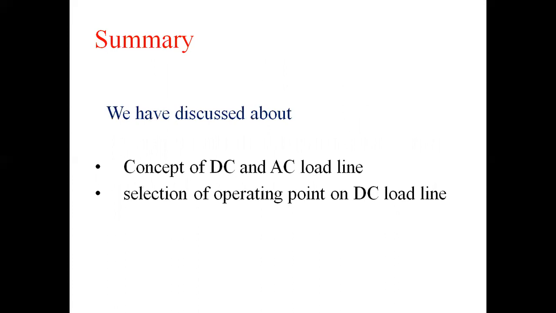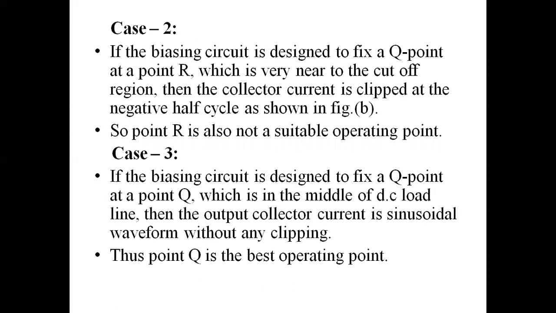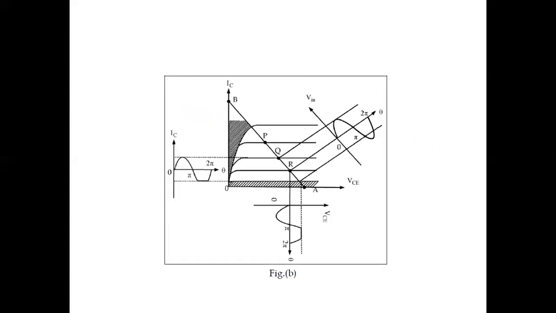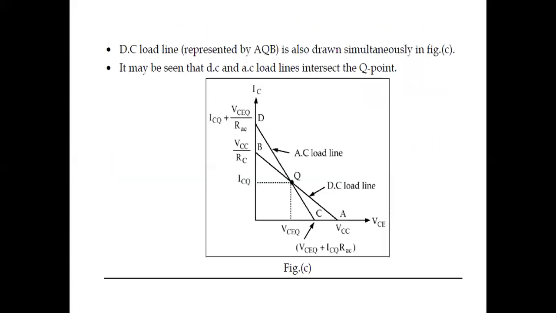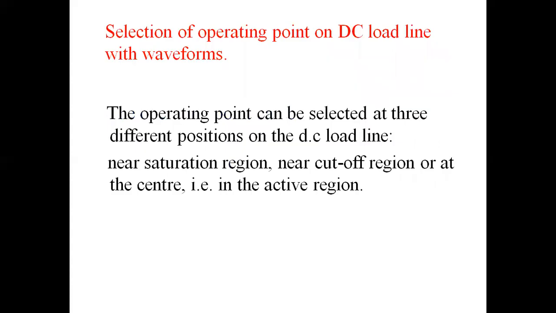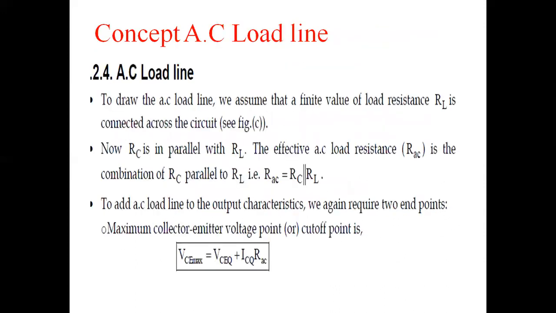So we have discussed the concepts of DC load line and AC load line, and how we select the operating point of a transistor for faithful amplification, that is, without any distortion. Hope you could understand this session.